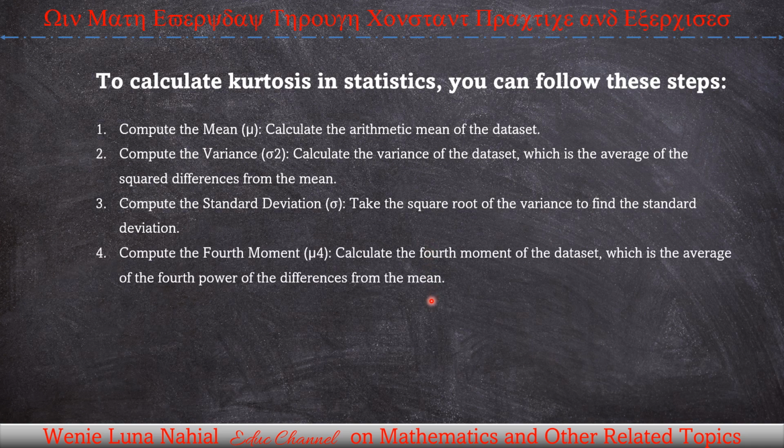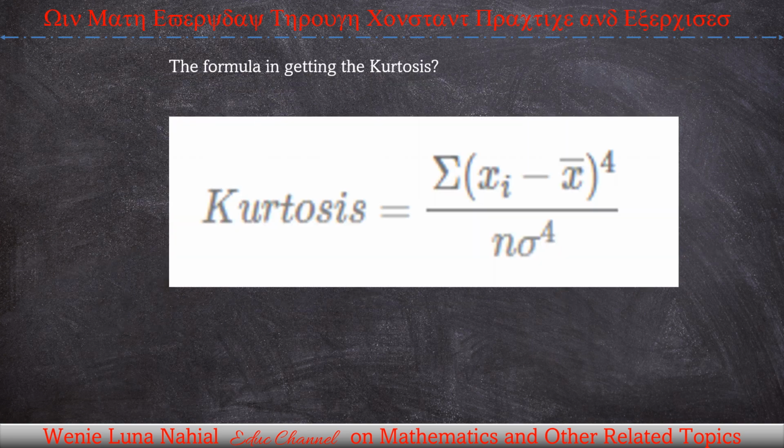Then compute the fourth moment. Calculate the fourth moment of the data set, which is the average of the fourth power of the differences from the mean. Then compute the kurtosis. You have the formula mu 4 over sigma 4, or have this formula.